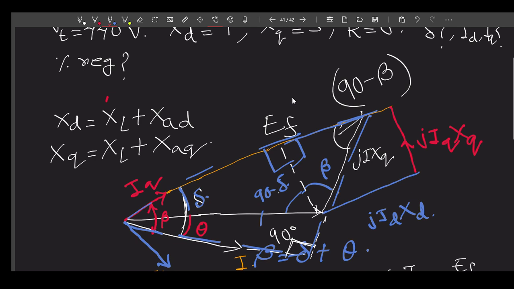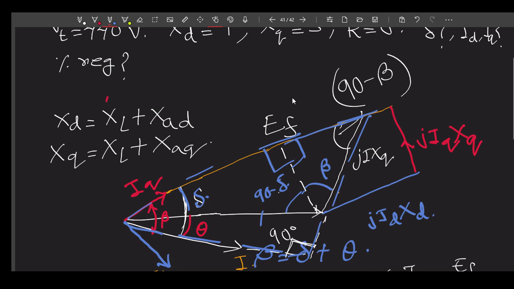We can get it by doing some manipulation. It will give us tan delta. What is tan delta? That is like I Xq. How can you get delta? You need to consider this triangle.